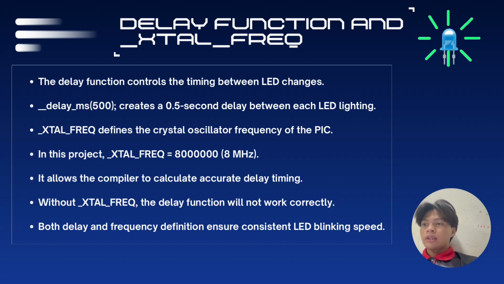In this project, XTAL_FREQ equals 8 million, which is 8 megahertz. It allows the compiler to calculate accurate delay timing. Without XTAL_FREQ, the delay function will not work correctly. And lastly, both delay and frequency definition ensure consistent LED blinking speed.